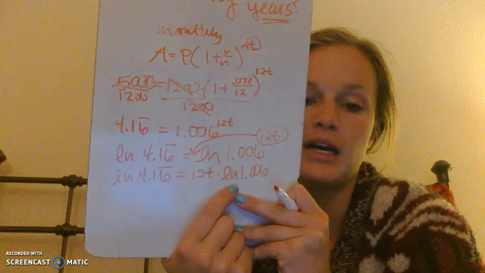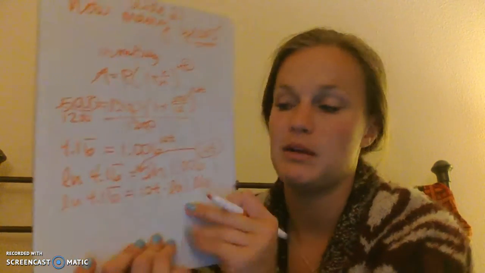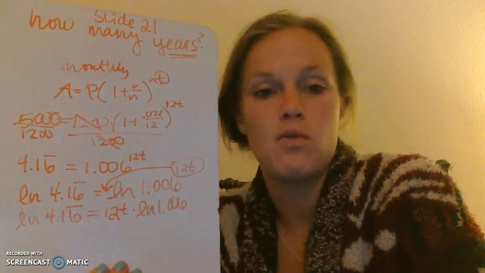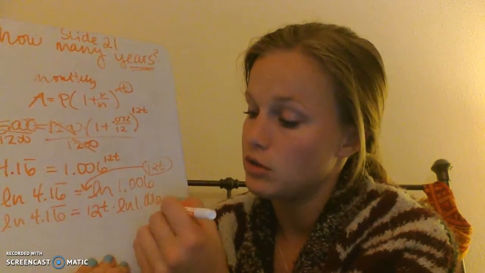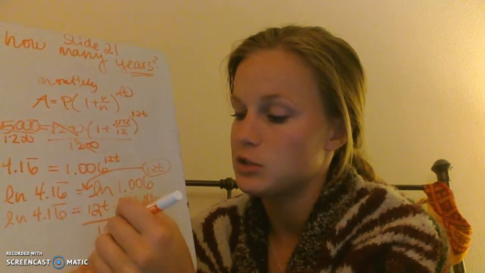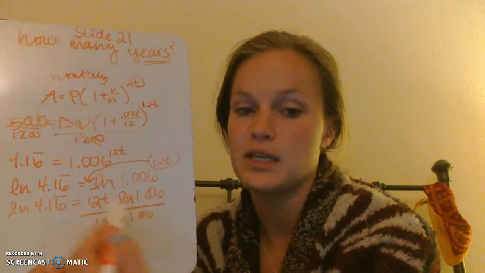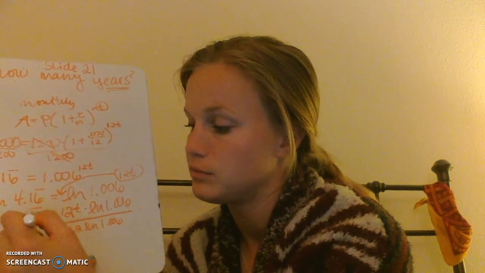T is being multiplied by the ln of 1.006, and t is being multiplied by 12. We undo multiplication with division. So I'm going to divide by 12 ln of 1.006. What I do to one side, I have to do to the other.